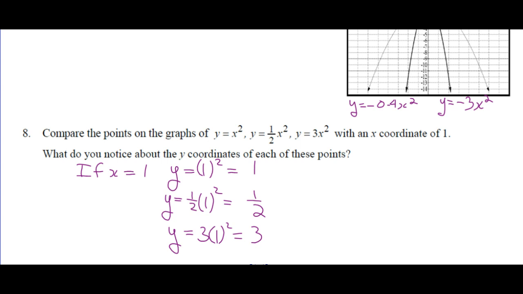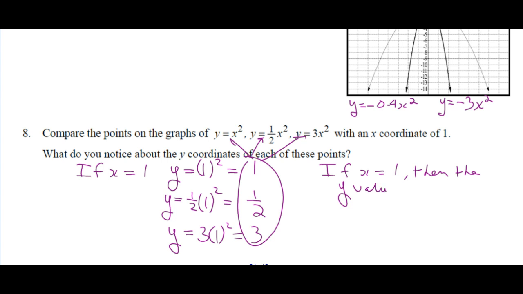So if x is 1, then these guys are what? They're A, right? So if x is equal to 1, then the y value is equal to A. Which we already said in so many ways, right? We already figured that one out.